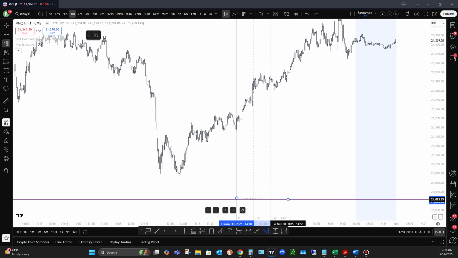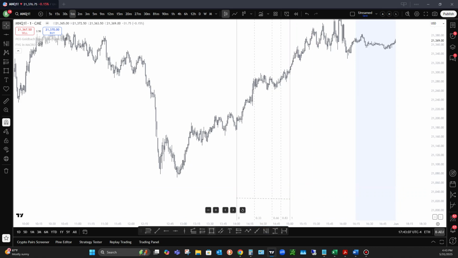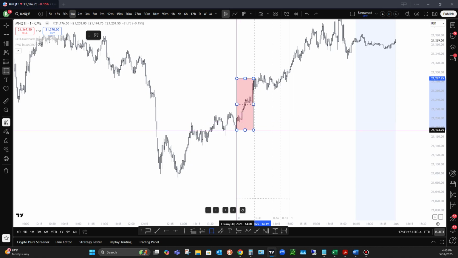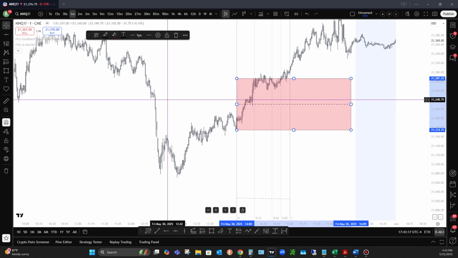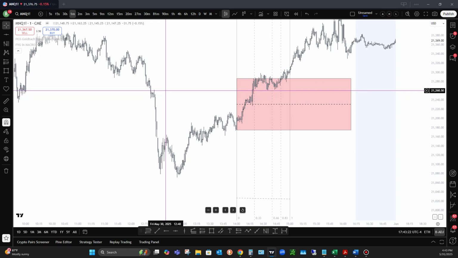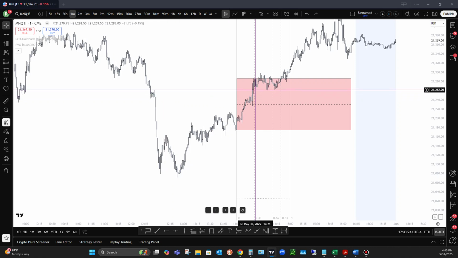14 to 15. All right, we're going to do the same thing. The high to the low. The only manipulation that I could possibly see right here is that we manipulated this low right here.